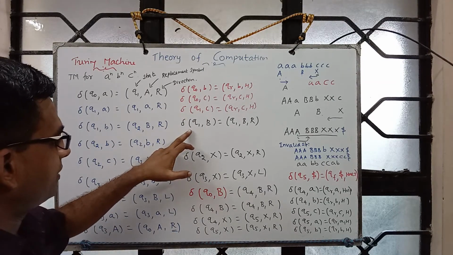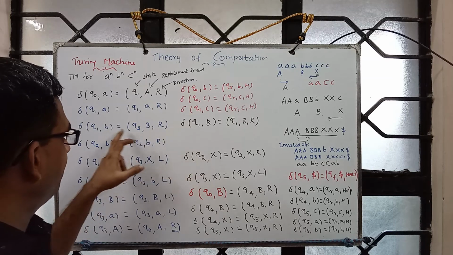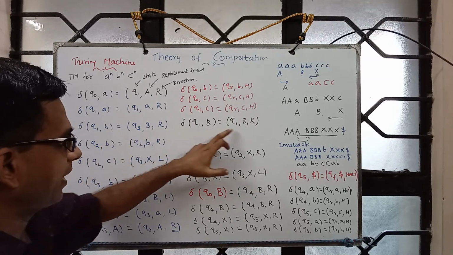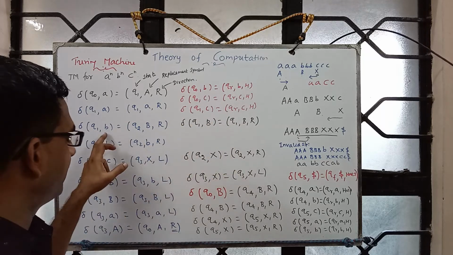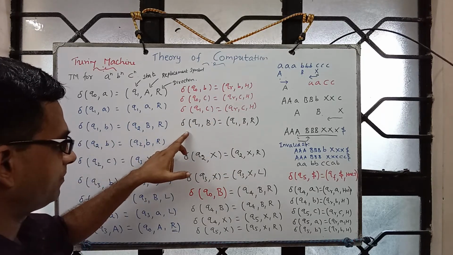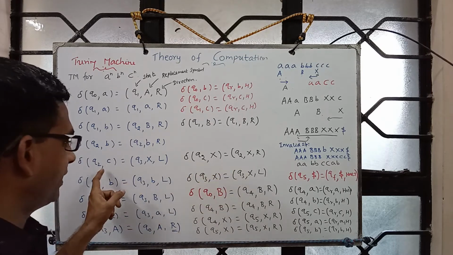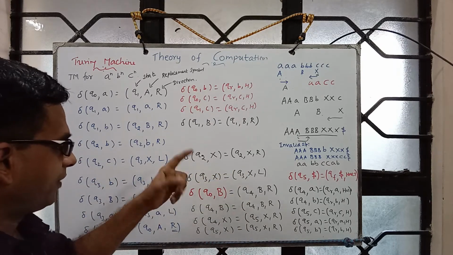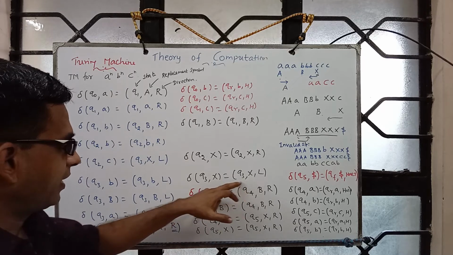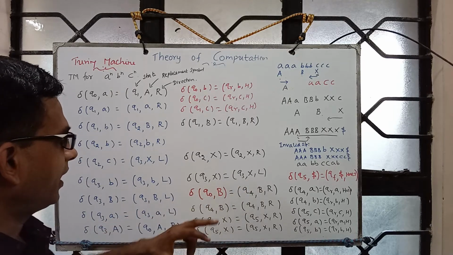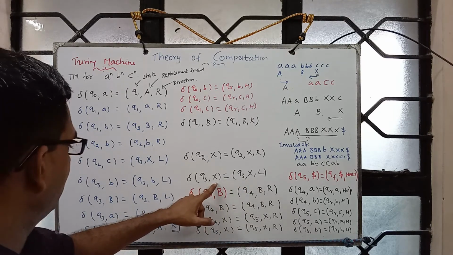So subsequent transitions, we may not see little b immediately. We may have to scan capital B before we hit little b, which is why this is given. Similarly, we may have to scan capital X before we see little c. And when we come back, we will have to scan X, and which is why this is given.